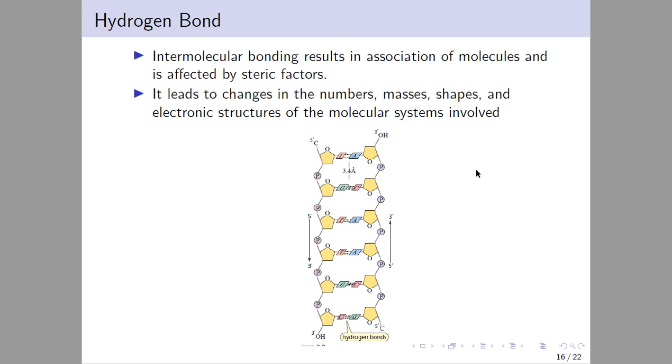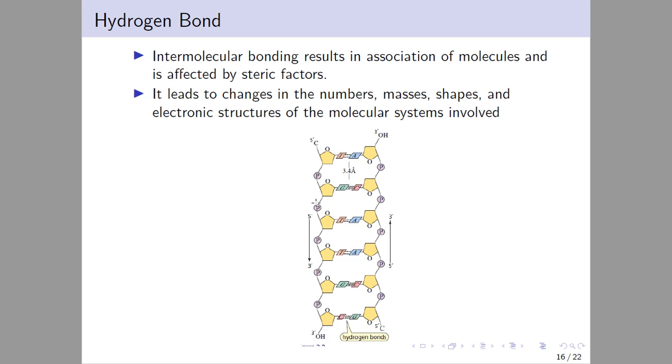You can see here these are two chains of molecules, and here we have the hydrogen bond. Without this hydrogen bond, this will be one molecule, and this one will be one molecule. But because of this hydrogen bond, we stick these two together.